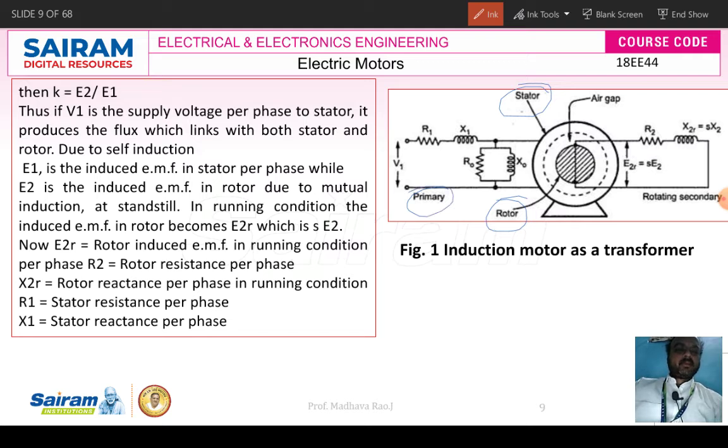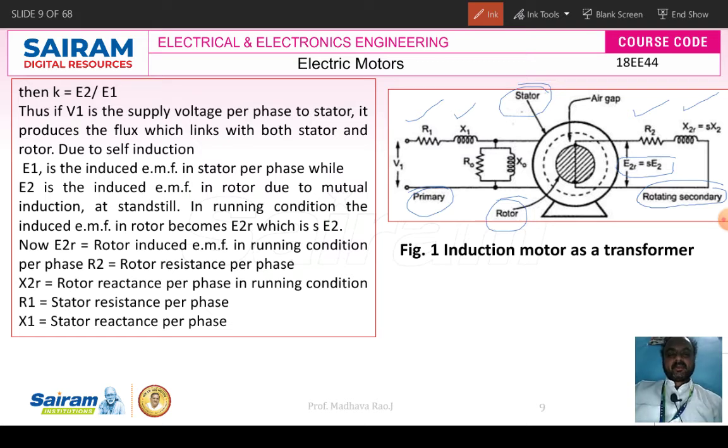Similarly, a transformer has a primary winding and secondary winding, a rotating secondary winding. Here R1 and X1 are the stator resistance and reactance. R2 and X2R are the rotor resistance and reactance. E2R we are taking as S into E2. So this is the induction motor as a transformer.